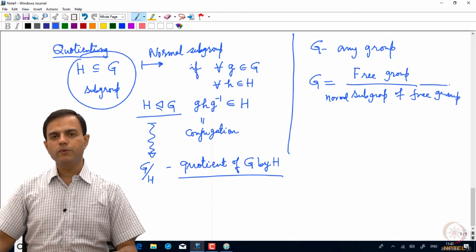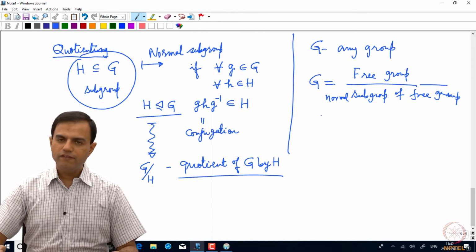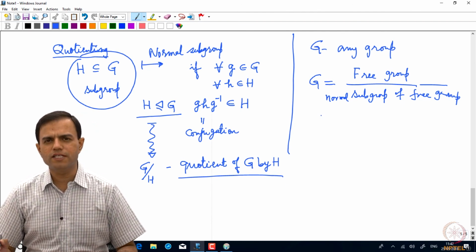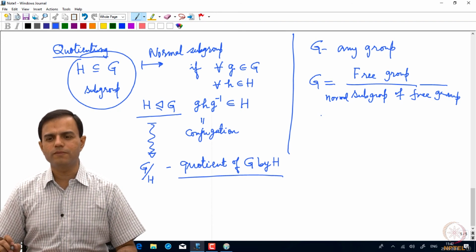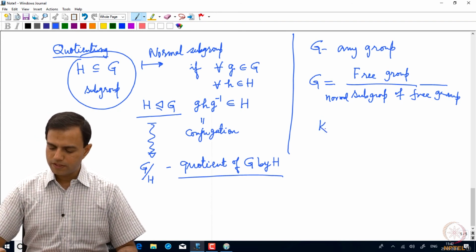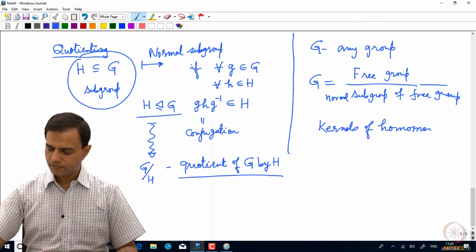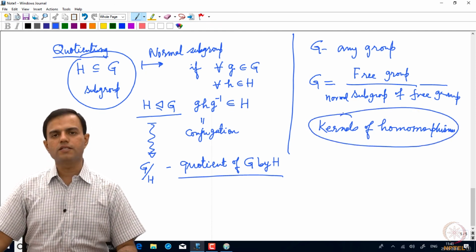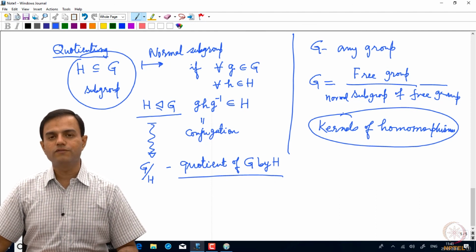So normal subgroups are going to arise naturally when we learn homomorphisms, isomorphisms. In previous lectures, I just briefly mentioned the word homomorphism and isomorphism, but normal subgroups are going to arise when we talk of kernels of homomorphisms. So when we discuss Rubik's cubes, kernels of homomorphisms are going to play an important role.